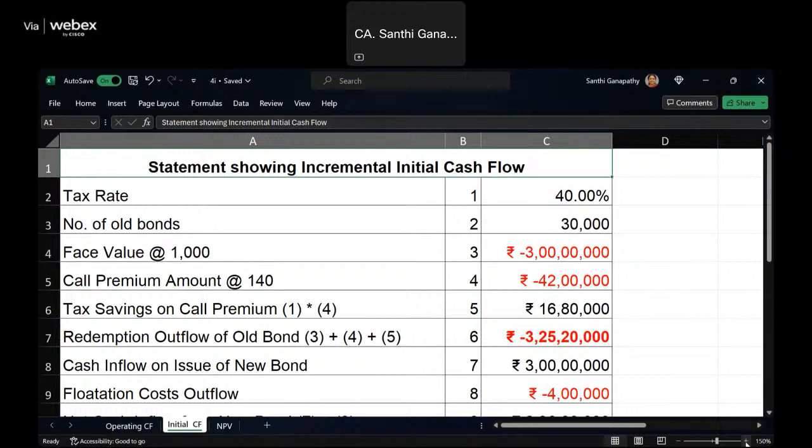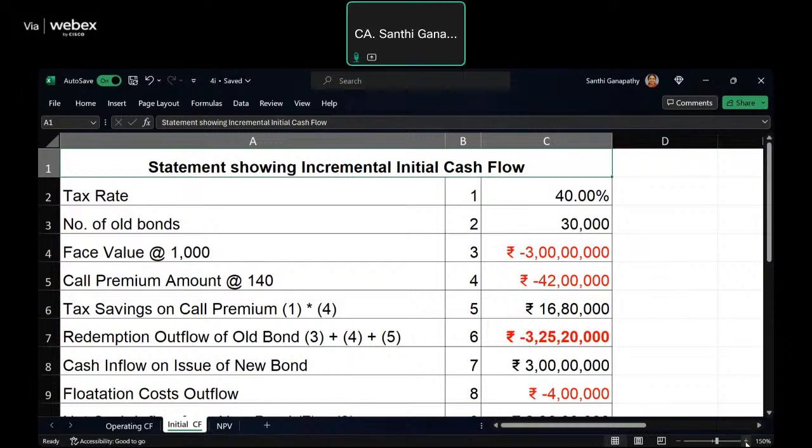So, call premium amount you are going to pay, and that amount you are paying, what is the tax savings you have? Therefore, what is the net flow? That is, we consider how much we are paying for the old bond.